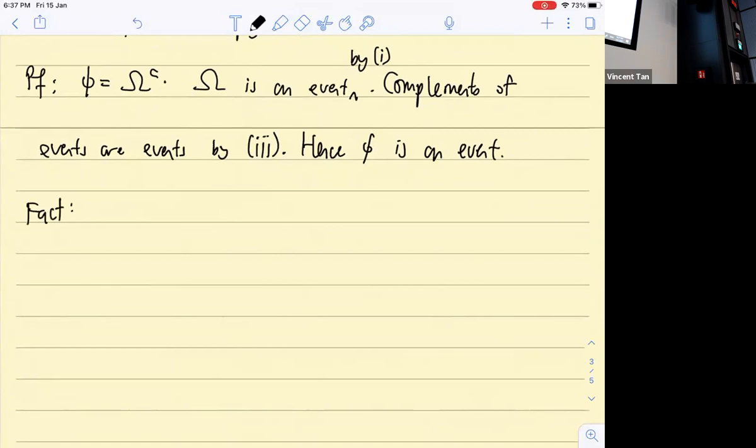Fact. A1, A2, up to AN is a finite collection of events.